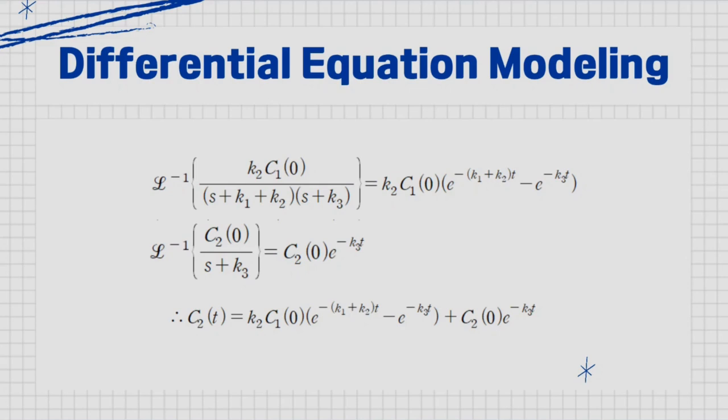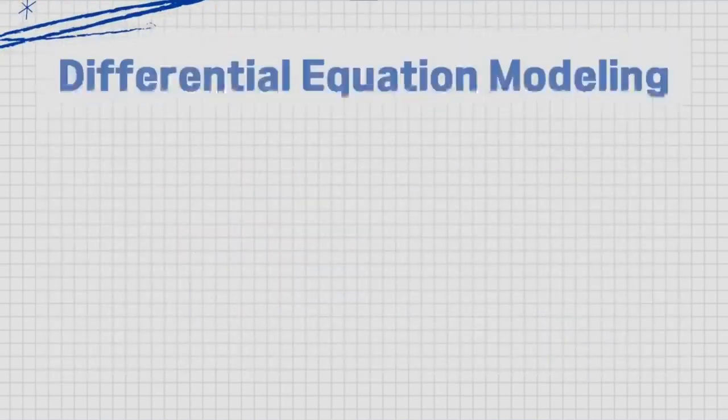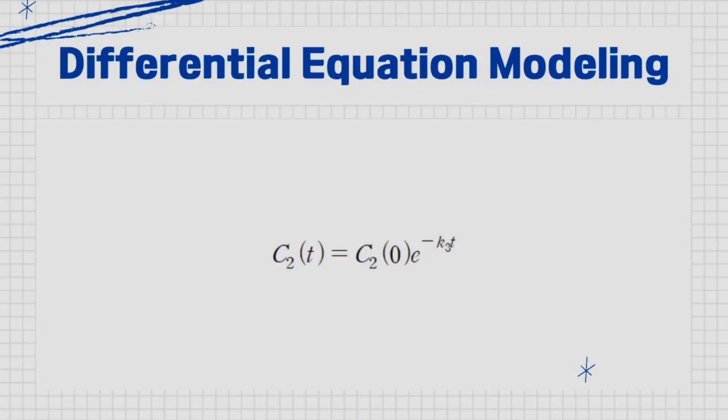Here, since the first term gradually decreases in influence over time, we can approximate the solution using only the second term, simplifying the modeling process. Thus, the concentration in the peripheral compartment is C2(0) times e to the power of negative K3t.